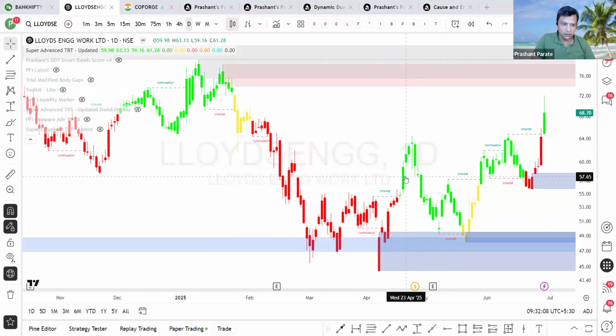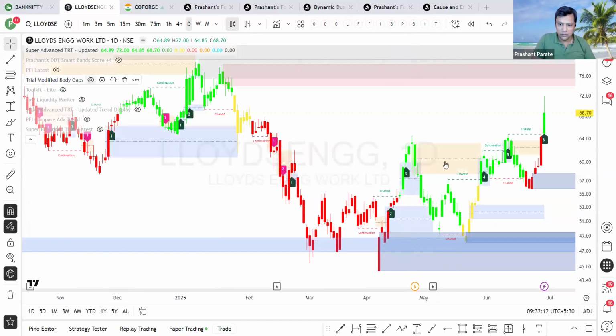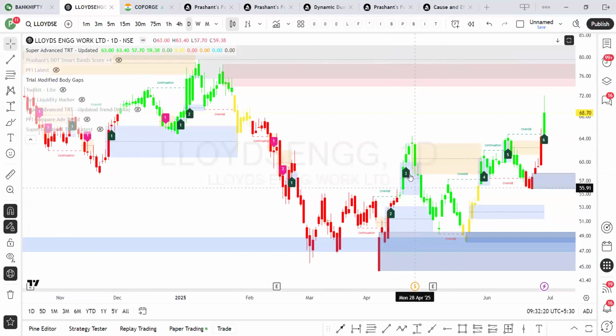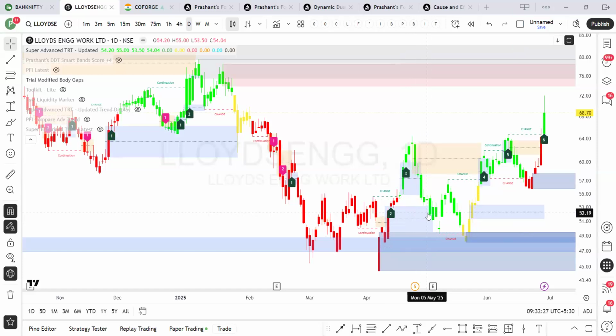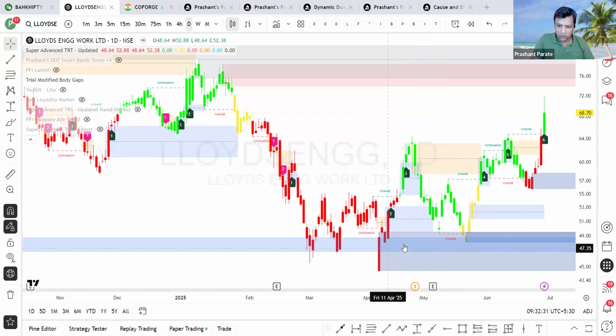Color changed to green here. Now let me add this. Say this area. This is a hidden gap, strong hidden gap. Is this respected? No, it is not respected. Is this respected? That is also good. Yeah, price came down below that also, but this is respected.